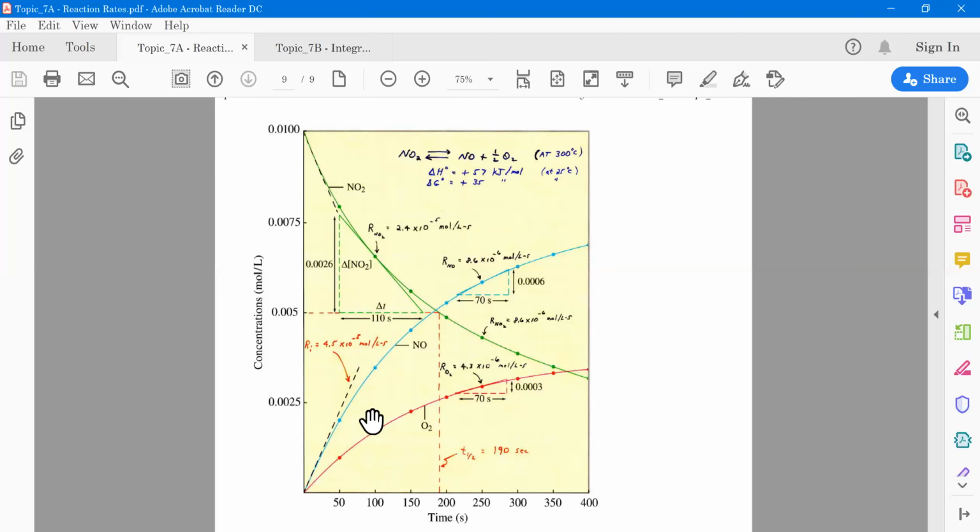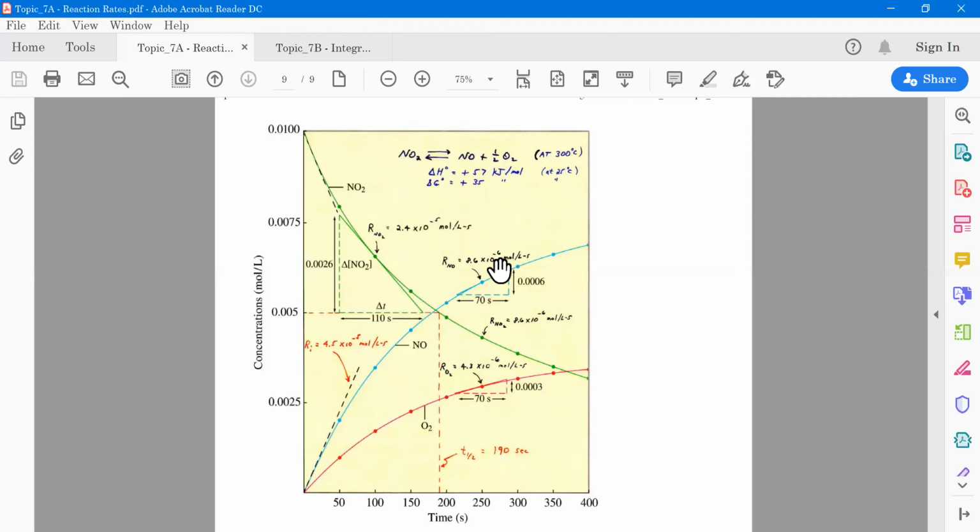Now, as the reaction proceeds, as we've seen before, of course, the concentrations of products increase with time, but the rate at which they increase is slowing down. So when we get to a reaction time of something around 250 seconds out here, and we measure the slope of the NO concentration line, it's so straight that you can't even see the tangent itself, because the blue line itself is virtually a straight line at this point.